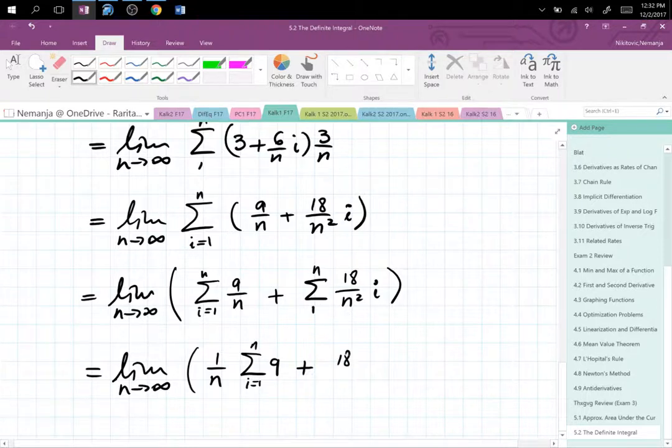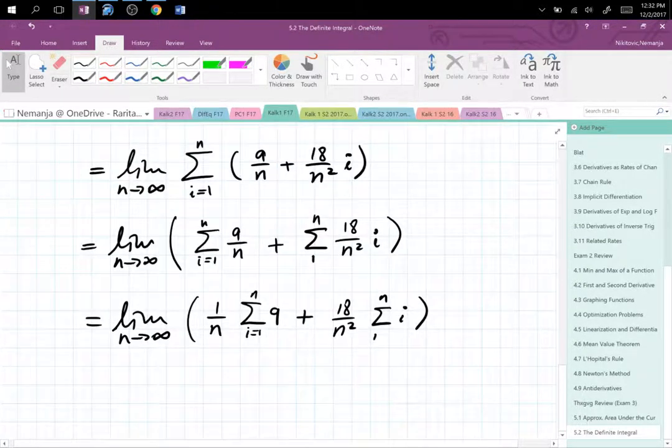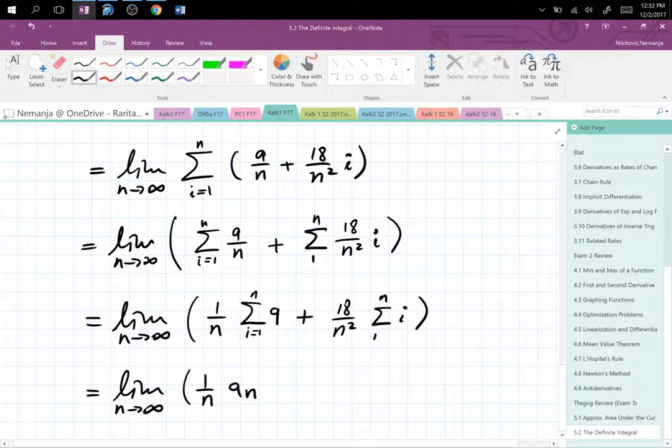I'm kicking out 18 over n squared, and I'm just leaving I so we can apply the formulas, those formulas that you put on your class preps. So now I have 1 over n, and then this is going to be 9n. I'll say formula. There we go.